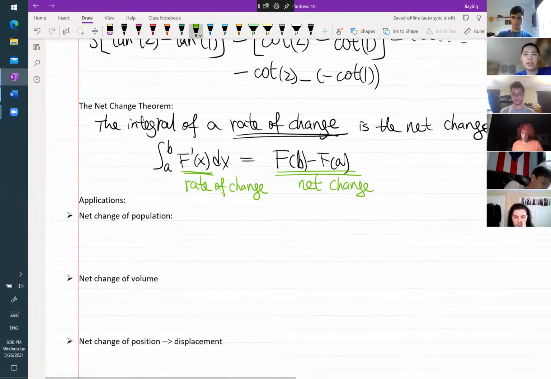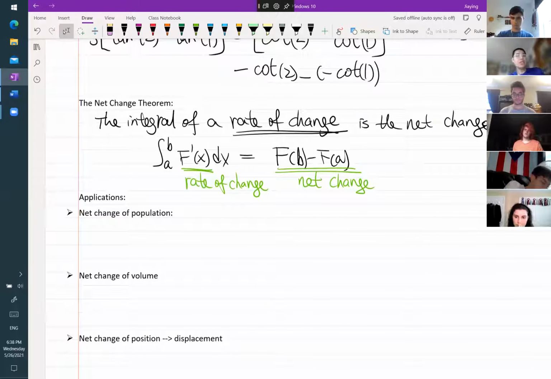Let's just see the net growth rate, the growth rate of some population.